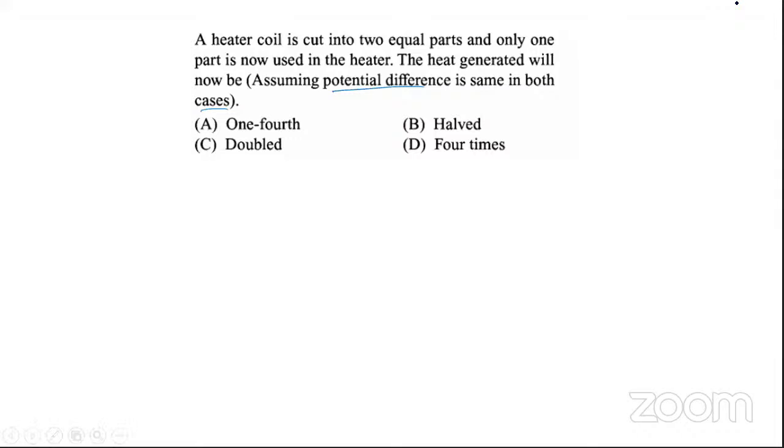Yes, Kritika, right answer. Yes, right answer. Yes, Nishchay, right answer.